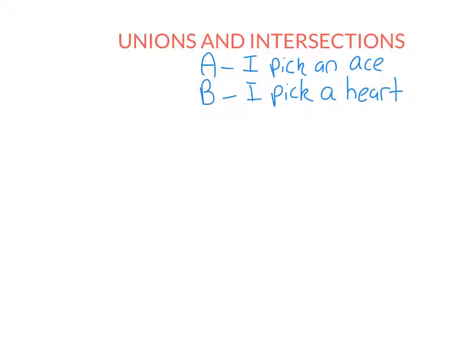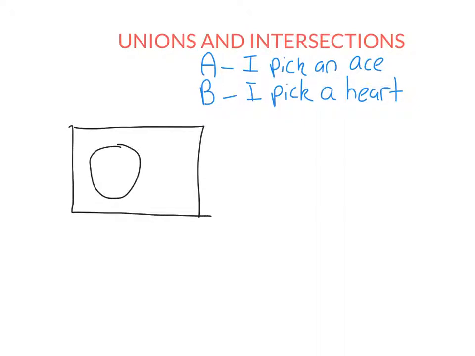So let's start off with a Venn diagram. You should have a box around it, and you have two circles representing the sets. In this case, we have set A, which is ace, and set B, which is hearts. We'll fill in the Venn diagram with numbers. There should be 4 numbers, one that goes there, there, and there.